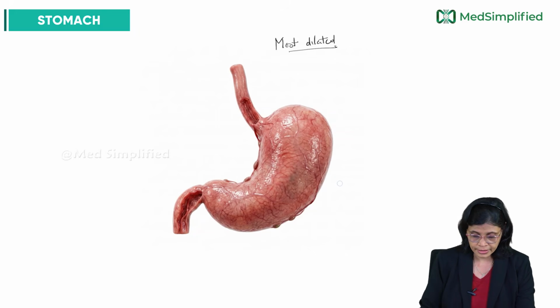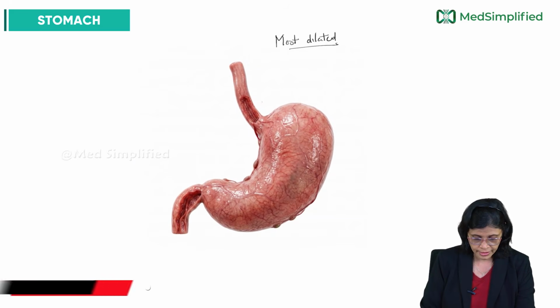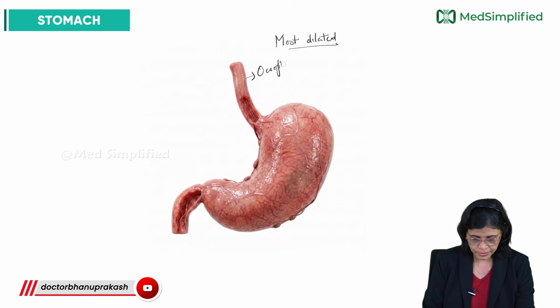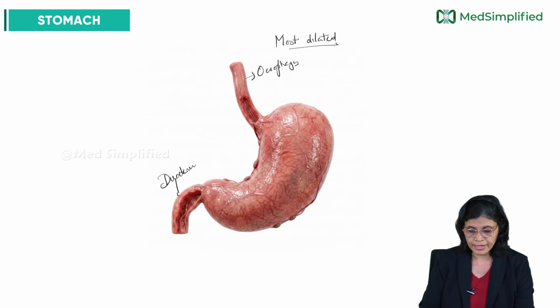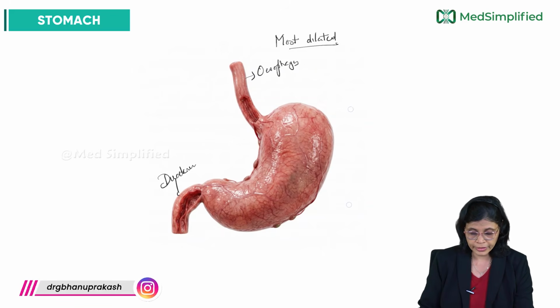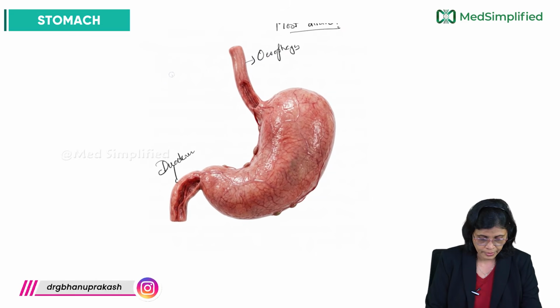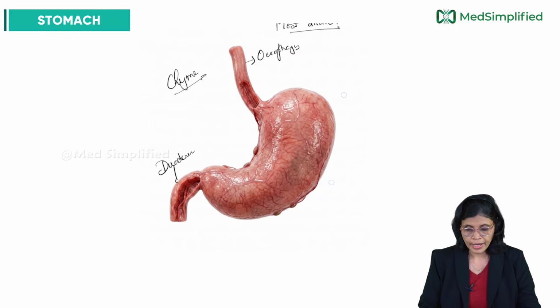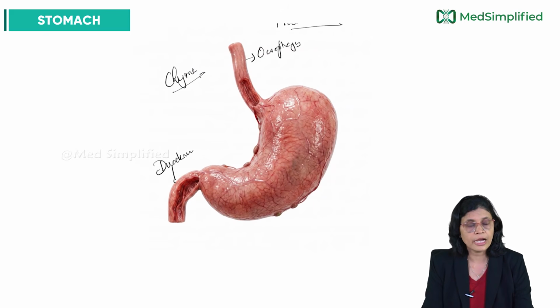Now the stomach is between the esophagus and the duodenum. It acts as a reservoir of food, and it converts the food into what we call chyme, which is of uniform consistency with repeated churning.